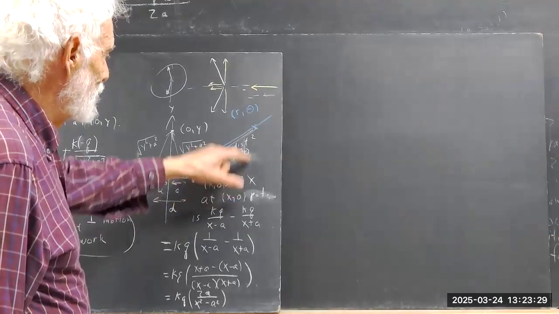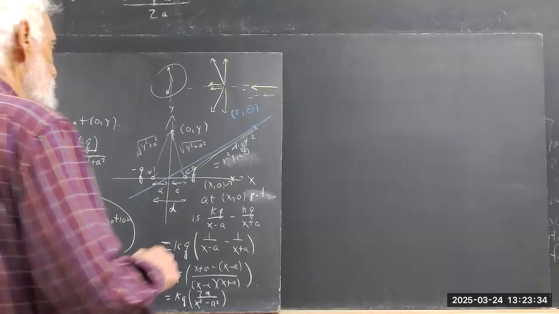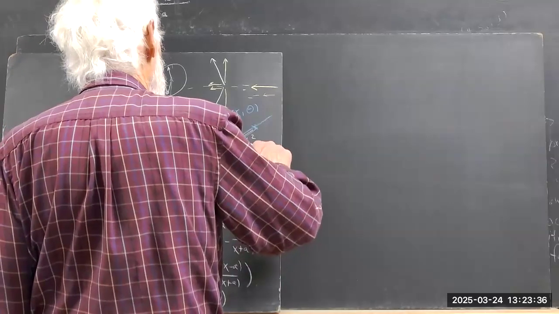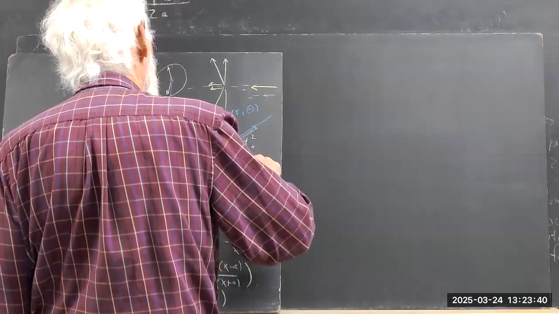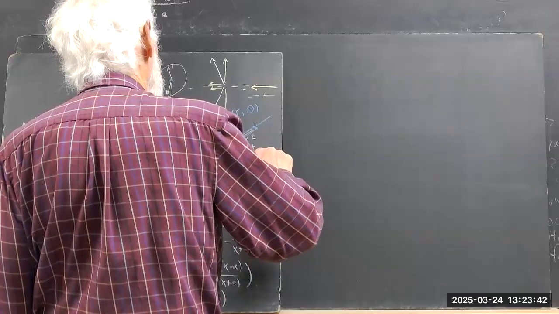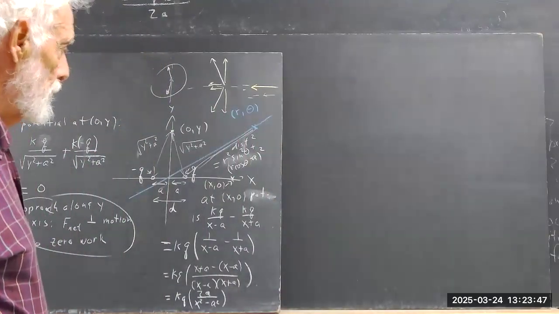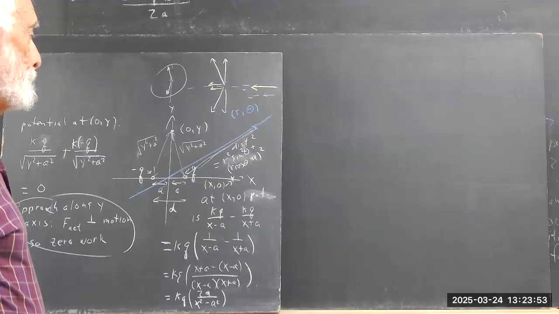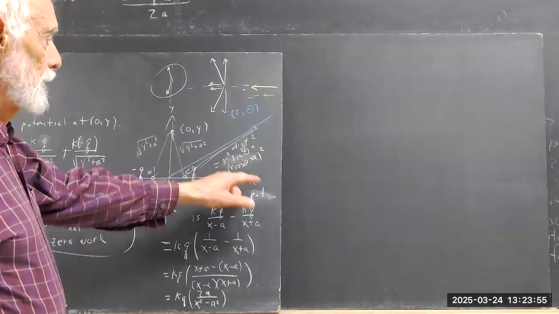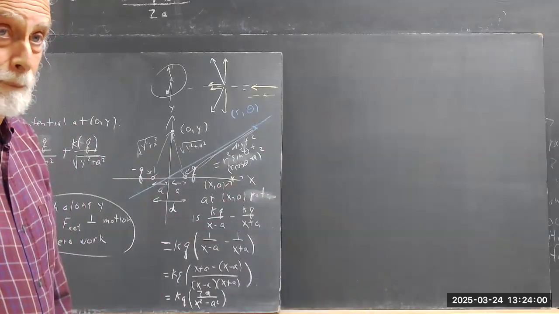So this leg of your triangle from over here is this. Now I'm using theta because the final result depends on theta, so I'm just using theta from the beginning.